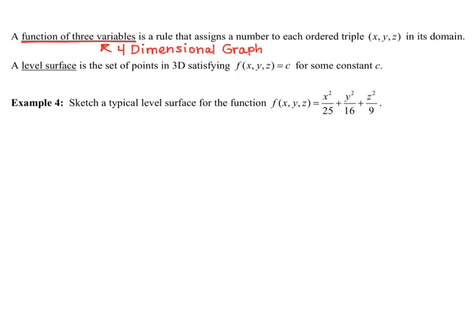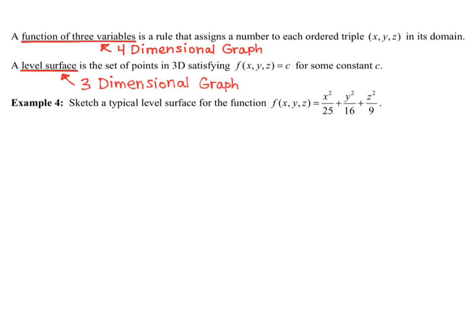What we can do, though, is look at what we call a level surface, and it's a set of points in 3 dimensions satisfying f of xyz equals a constant c. And a level surface will always be 3-dimensional. Now, for example, if you were looking at a function in physics where your 4th variable was time, what we would be doing by looking at a level surface is picking a fixed time.